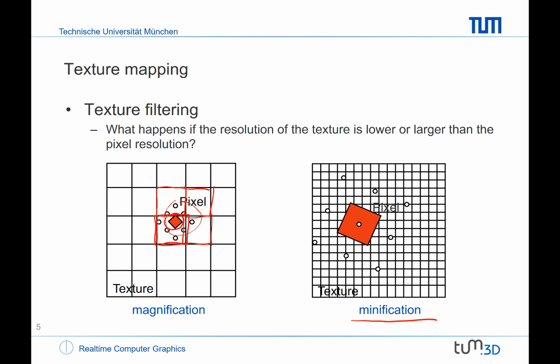The question then is, can we not determine the colors of all these texels falling into the same pixel, and for instance just use an average of all these colors and assign it as the pixel color? We will see that this is exactly something we will do, and we will show different options for how this can be realized.